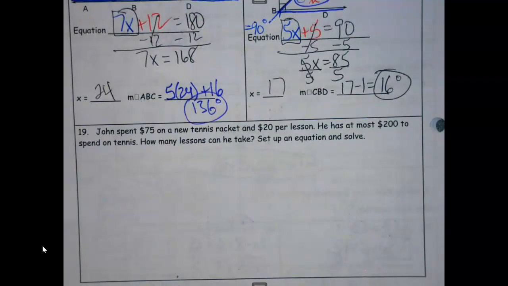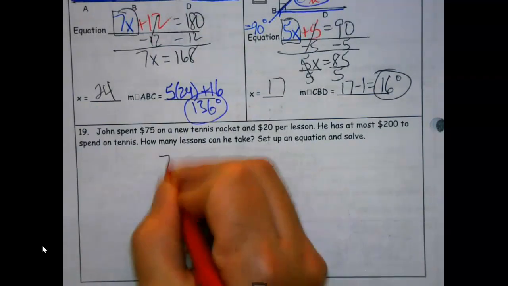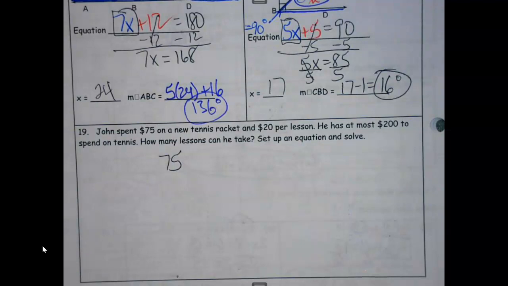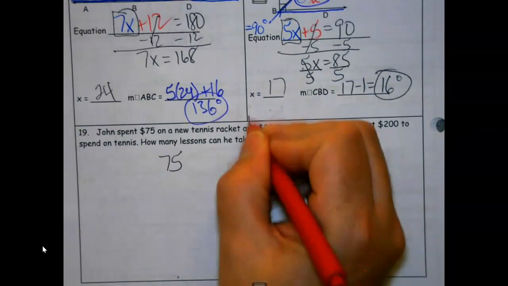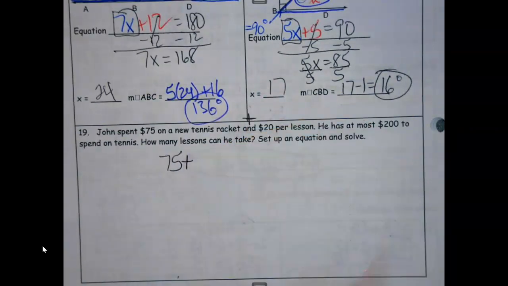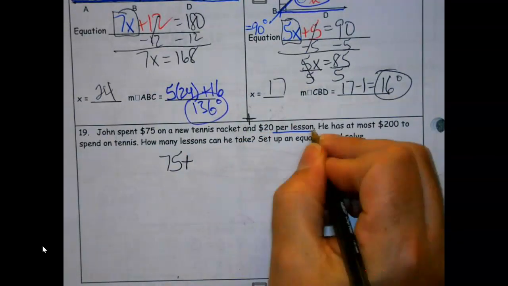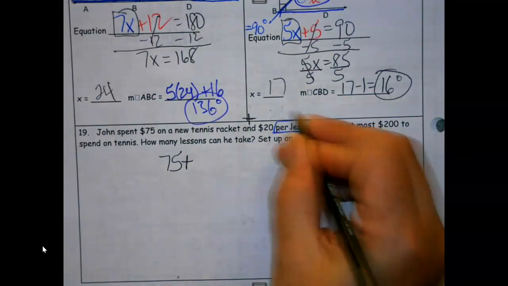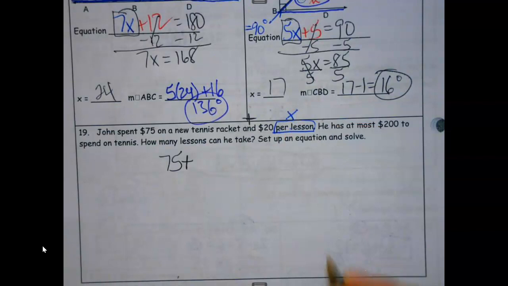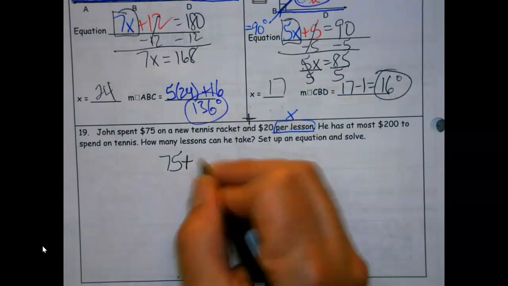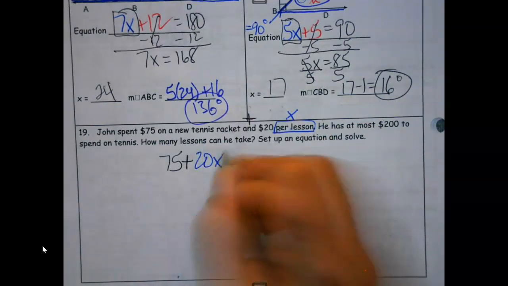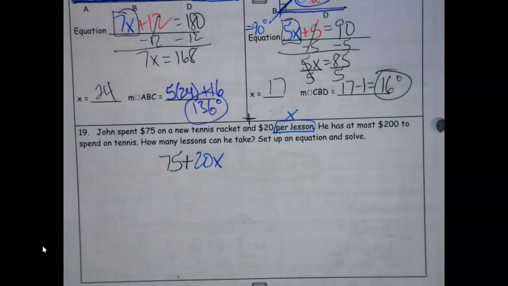And finally, John spent $75 on a new tennis racket and $20 per lesson for every lesson. Remember, the word per guides us that we need an x in there. He has at most, he doesn't want to spend any more than that.